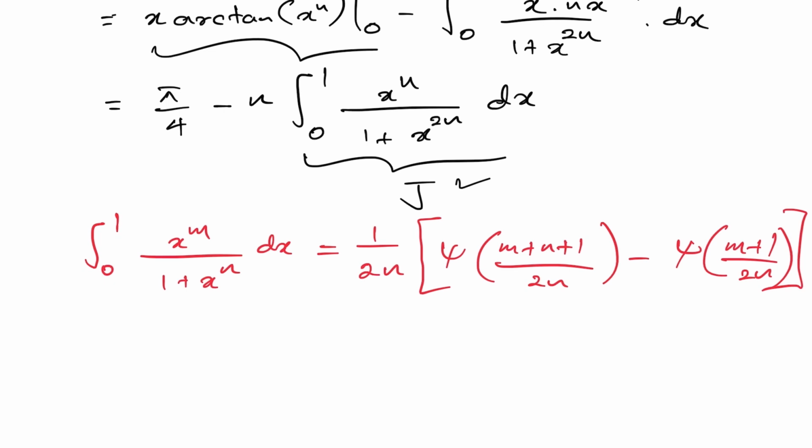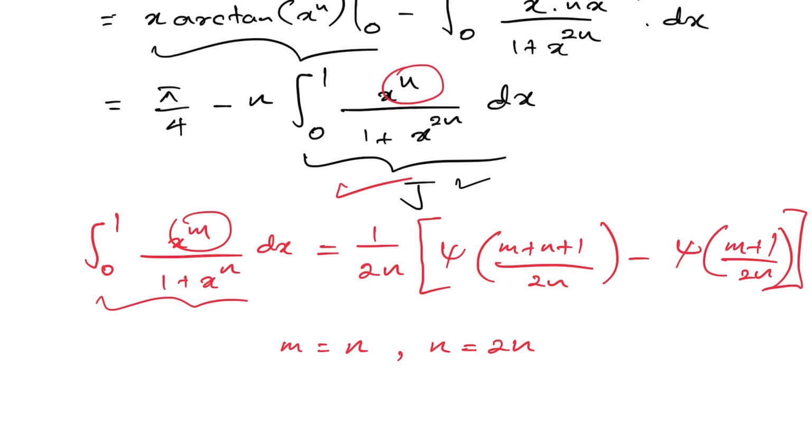Okay, so instead of this integral, now we have J. Here we have n in place of m, and in place of n we have 2 times n.